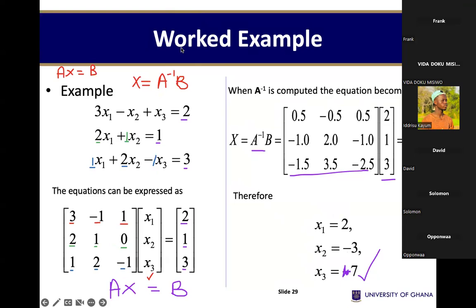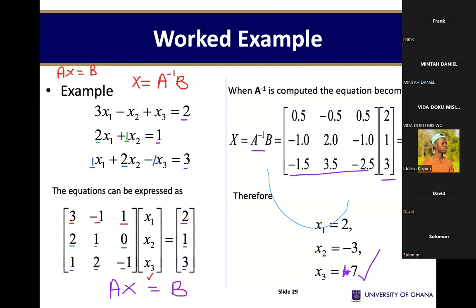X is equal to B over A. No, you cannot do that, please. We cannot do that division in matrices. Are we okay? Do you understand? All right. Any other further question?